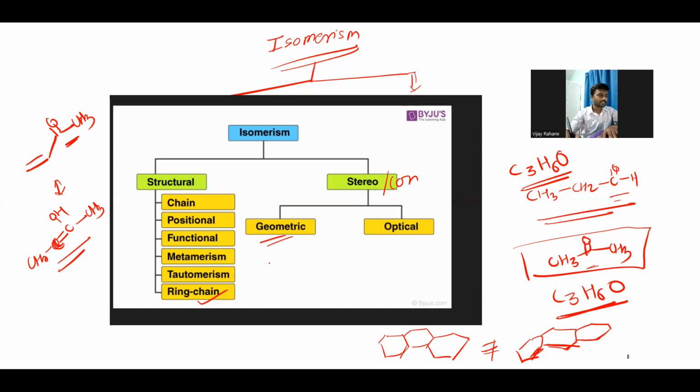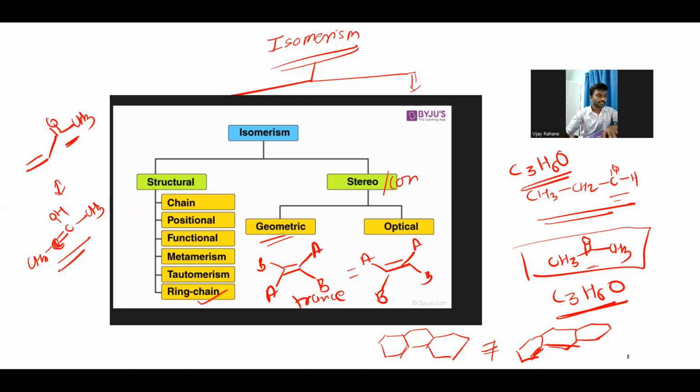In these stereoisomers, there are geometrical isomers. Let's say here is A, and here is A, B. This is the trans isomer, in which the same groups are attached at different positions. Here A and A are attached opposite to each other. But its isomer, the Z isomer, will have the A on the same side of the double bond.